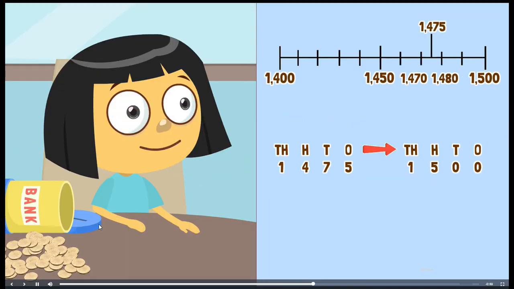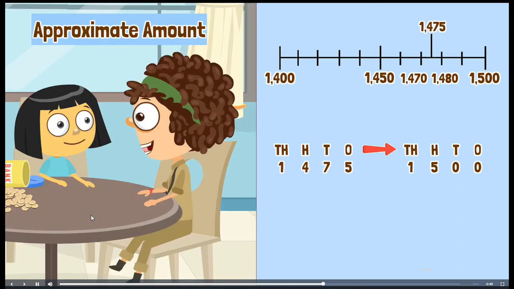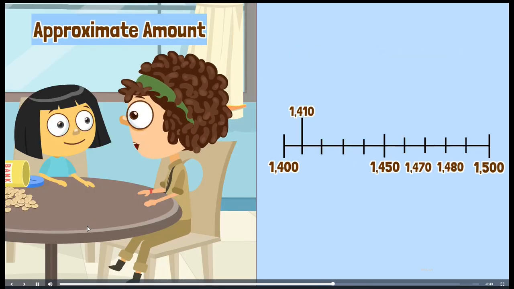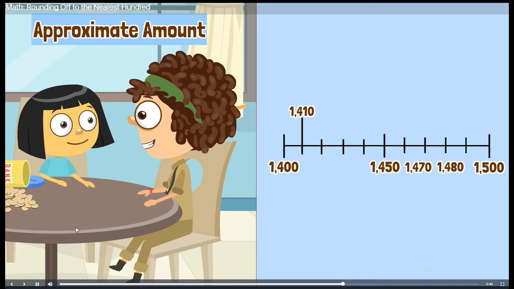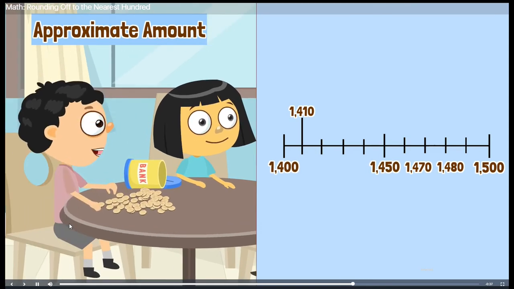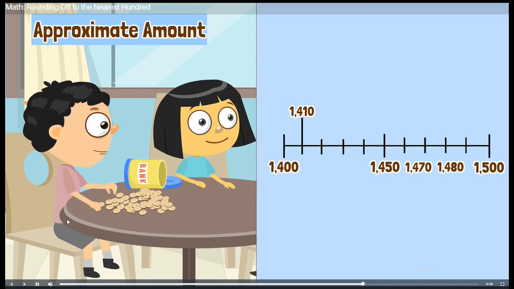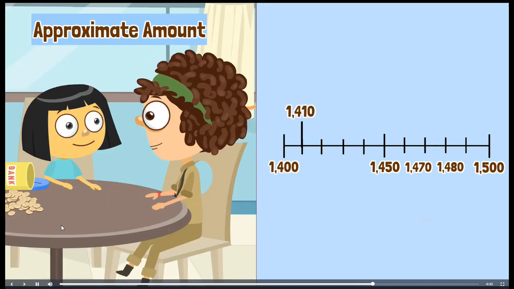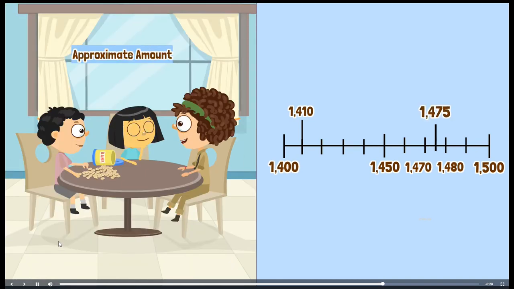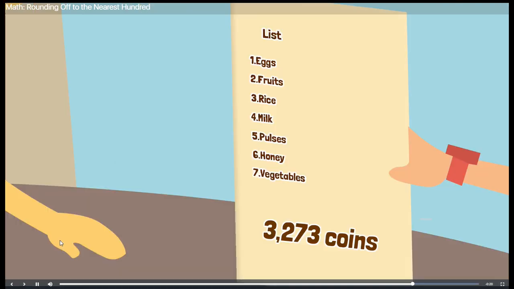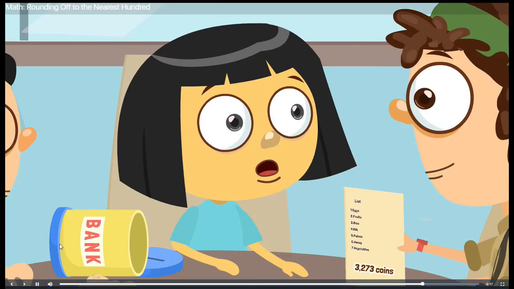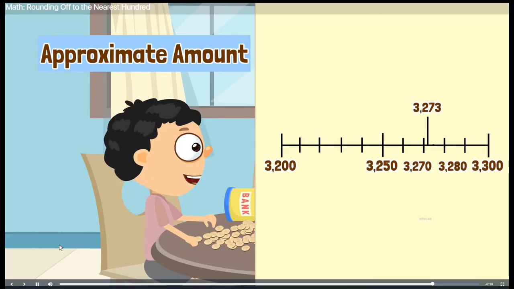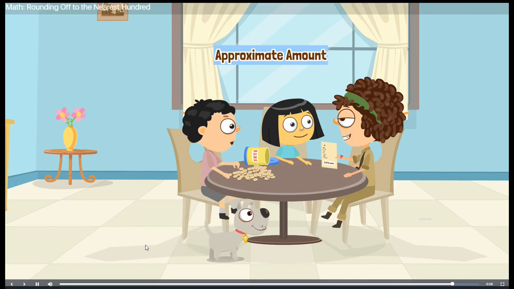What if the price is 1,410? It will be rounded down to 1,400. I should carry 1,500 coins? Let's buy bones for Dash with the extra money.